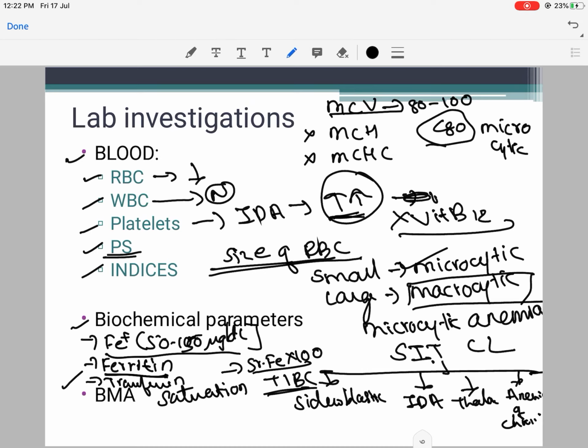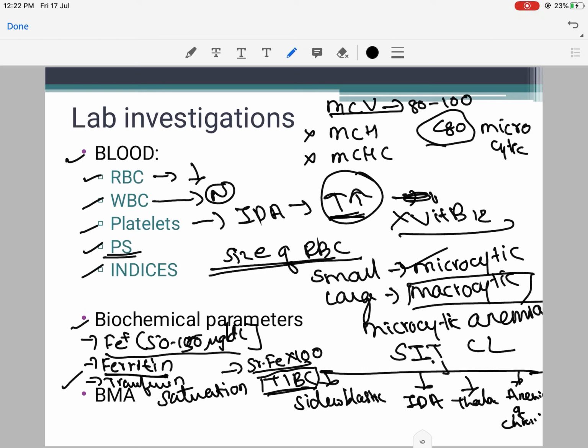But if body iron stores are normal, the transferrin will bind less iron. So the total iron binding capacity will increase when there is deficiency of iron. So in iron deficiency anemia, TIBC is increased. Normal TIBC you can remember as 200 to 400 microgram per deciliter. If TIBC is high, it means there is iron deficiency anemia.